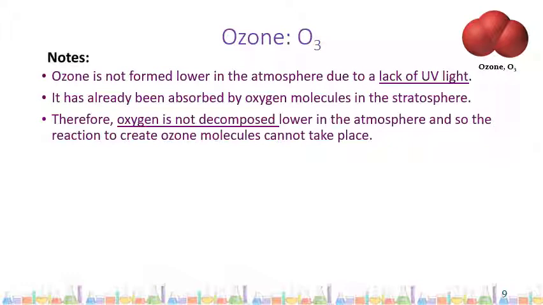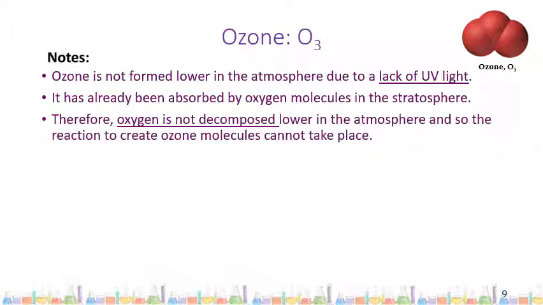So a few more notes. Ozone is not formed lower in the atmosphere, so it's not formed in the troposphere where we are. It's formed higher up in the atmosphere because down here there's a lack of UV light. The reason there's a lack of UV light down here is because that UV radiation from the sun is already absorbed further up.